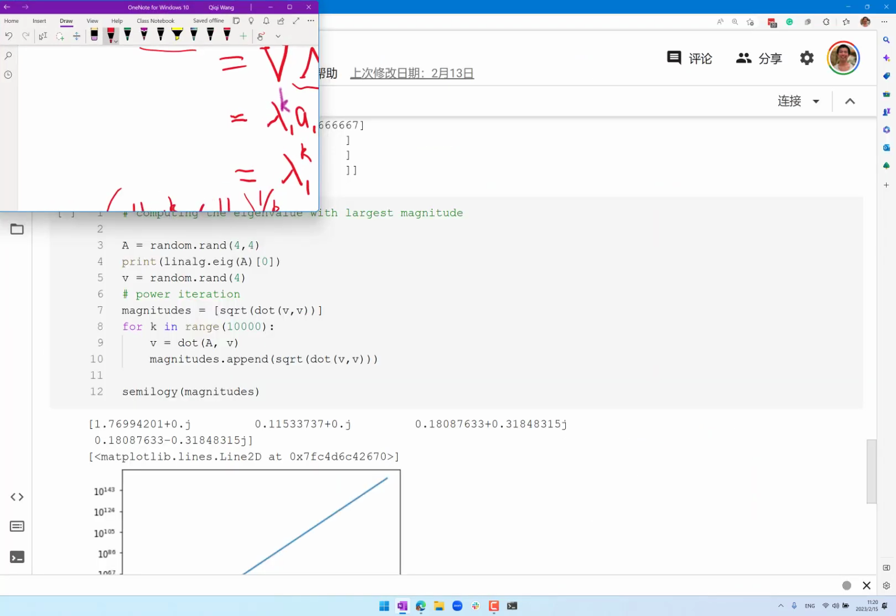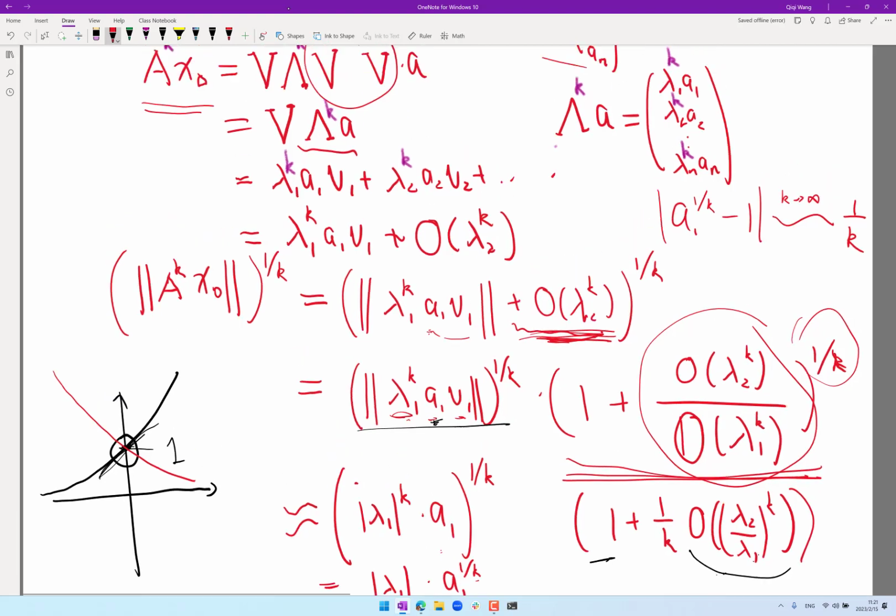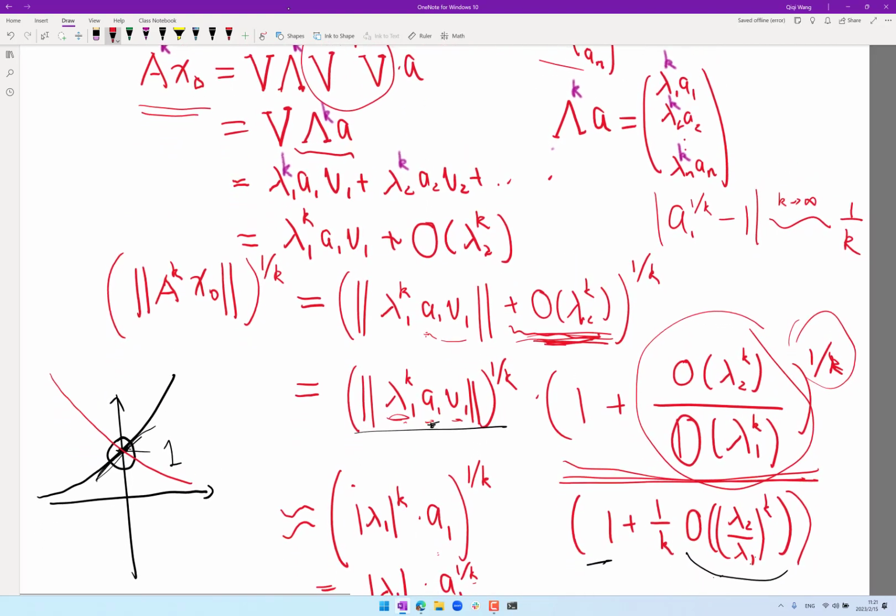I should write it as tilde. Anybody? Yes, it goes down like 1 over k, times the slope over here, which I think is the natural log of a1. So we know that the error from the initial contribution of the first eigenvector to the randomized initial seed goes down like 1 over k.